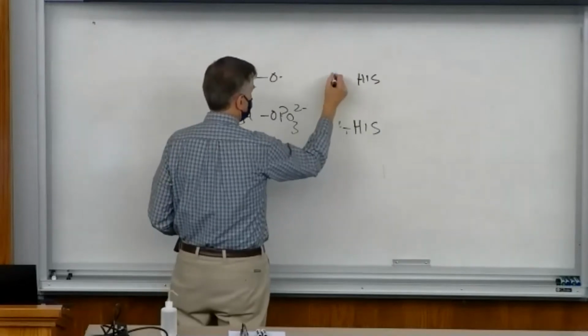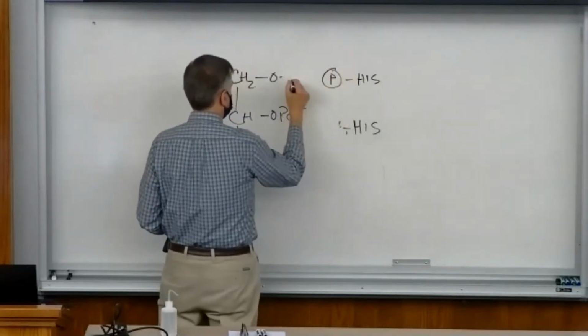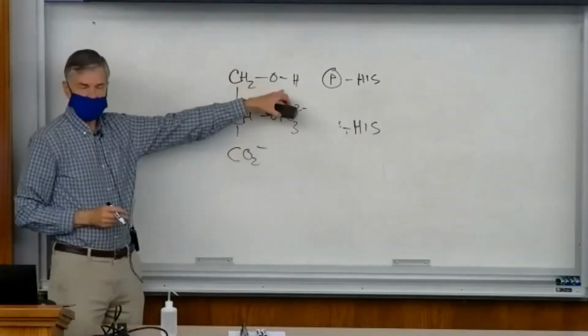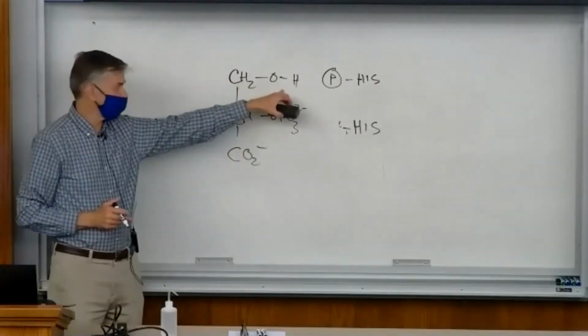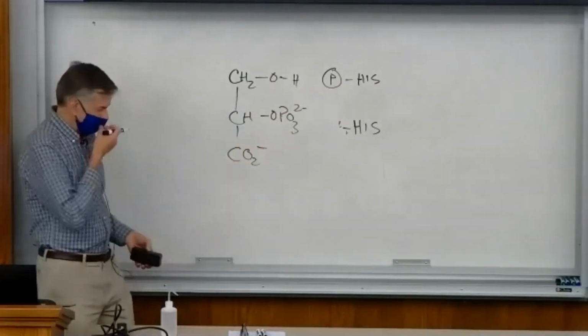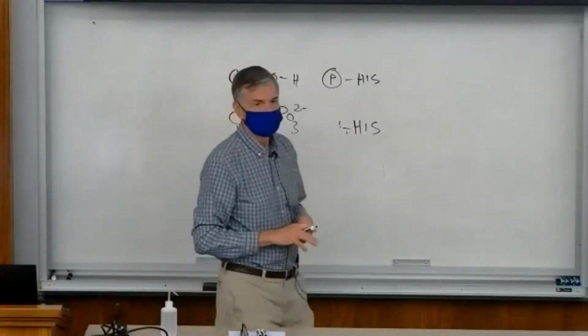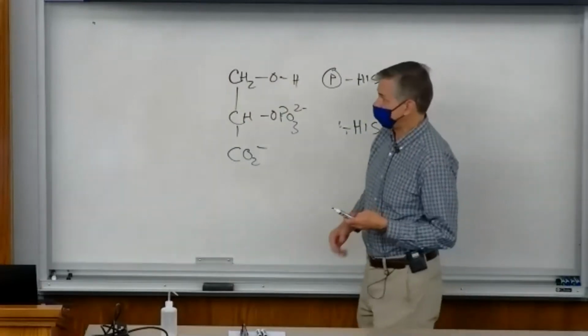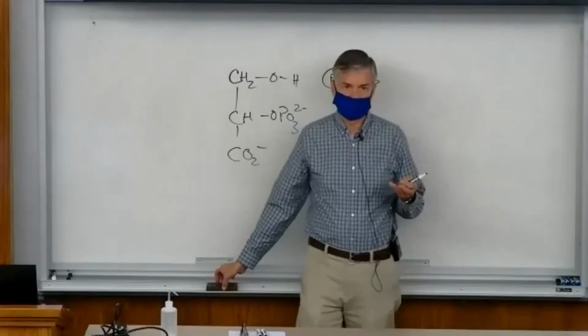So phosphate back here, and we have this arrangement. So phosphate has gone from the 3-hydroxyl to the 2-hydroxyl, which prepares it now for step number 9 of glycolysis. This is the enolase step.